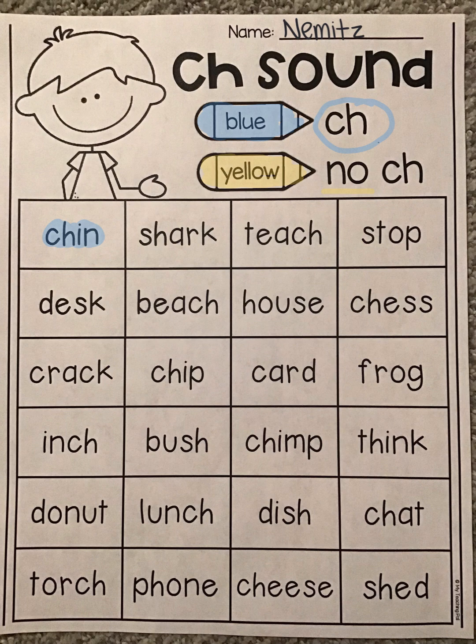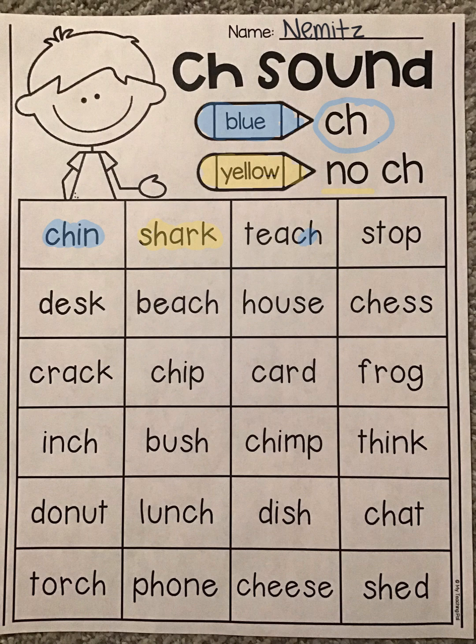Our next word over is the word shark. Shark has no CH digraph, so we are going to color it yellow. The next word over is the word teach. T-E-ch.